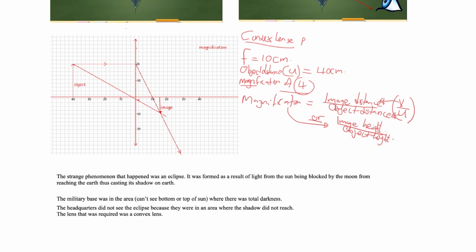Now, meaning that we are supposed to come up with a ray diagram that is going to enable us to identify what is the image distance, what is the object distance.